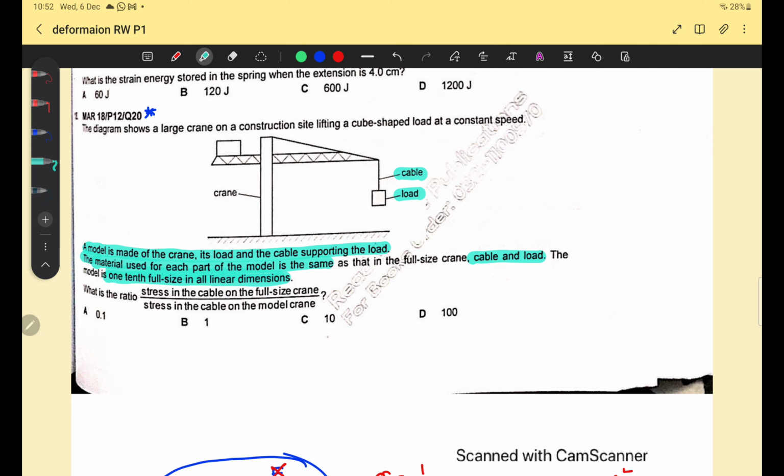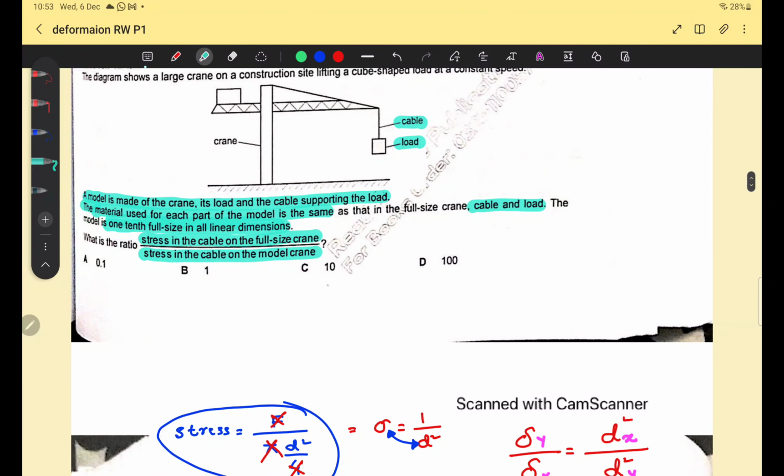Model load, model block, model cable, all the dimensions are 1/10 of full size. And they are asking to calculate stress in the full size crane divided by stress in the model crane. So we are going to calculate.